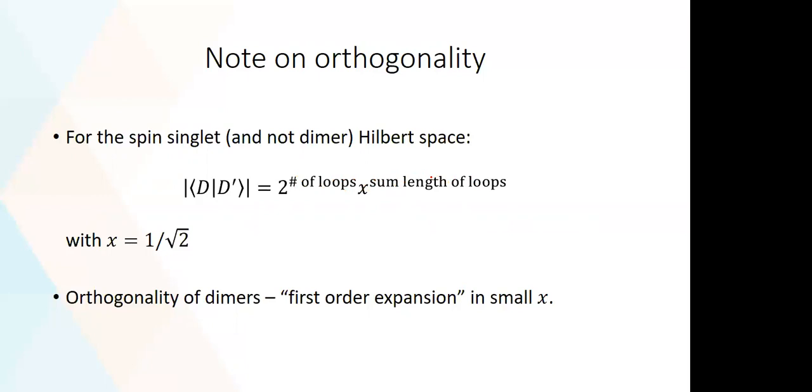So in this sense, the orthogonality of the dimers that I declared in the beginning can be thought of as some sort of first order term in an expansion in small x. Okay, so x is the small parameter. I mean, it's a constant number. It's not really a small parameter, but it can be viewed in such a way.